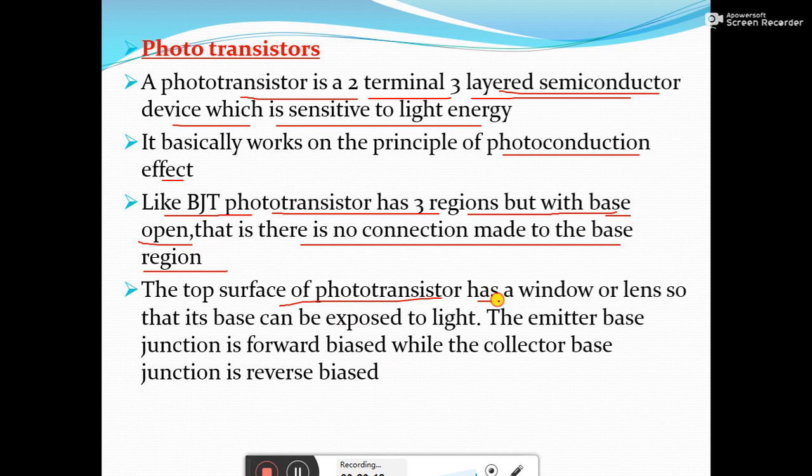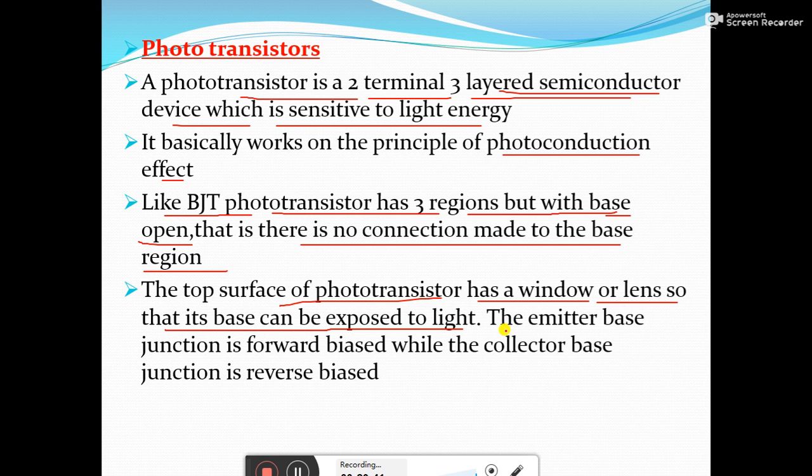The top surface of the phototransistor has a window or lens so that the base can be exposed to the light energy. For that reason, on the base we make a small window, or we can fix a lens.